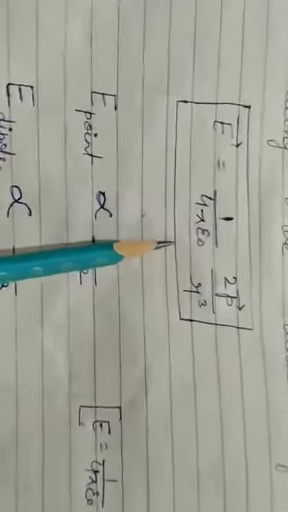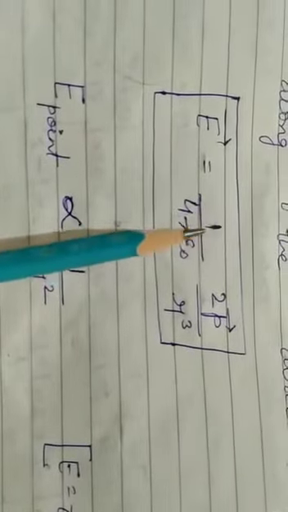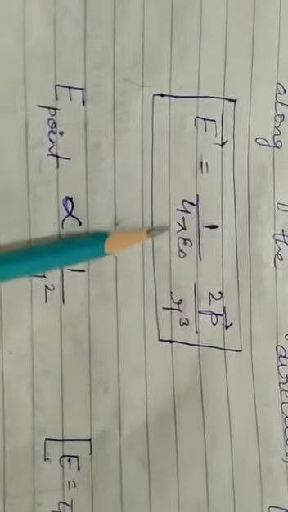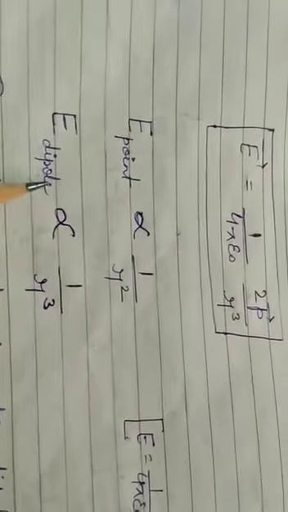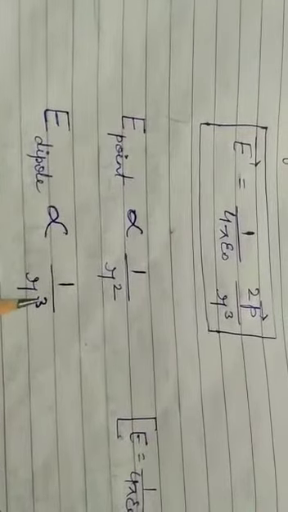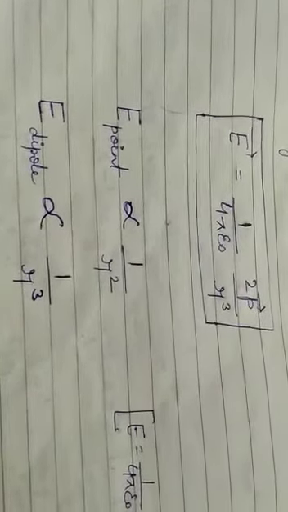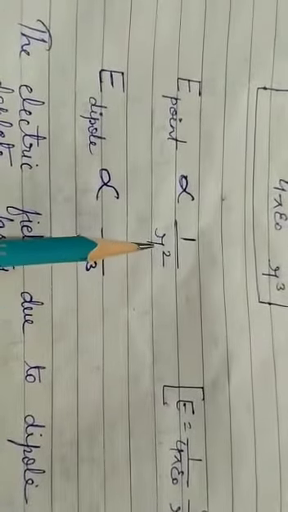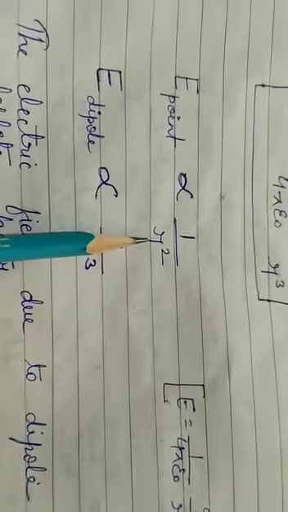And from this formula of electric field due to a dipole, here we can see 1 upon 4 pi epsilon naught, 2 and P are constant. So the electric field due to a dipole is inversely proportional to the cube of the distance. Now let's compare. Suppose we double the original distance.